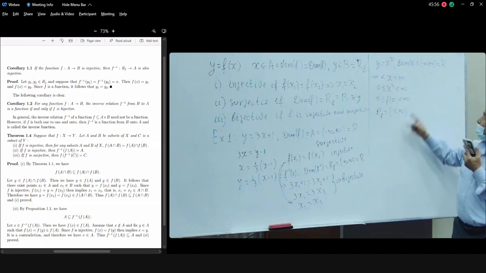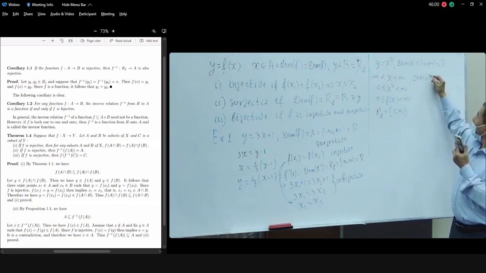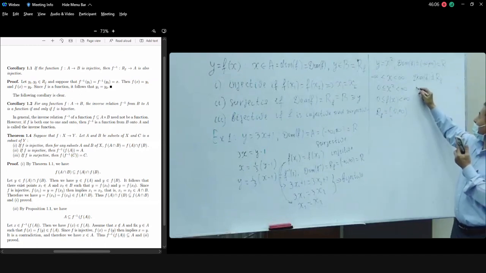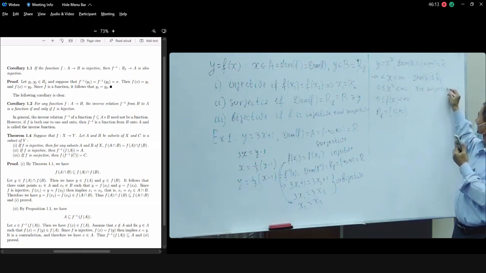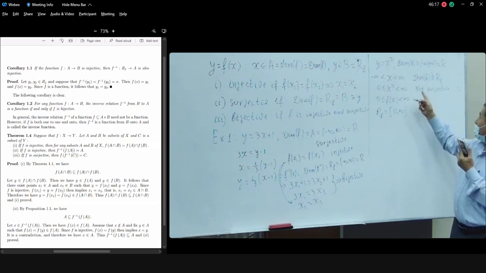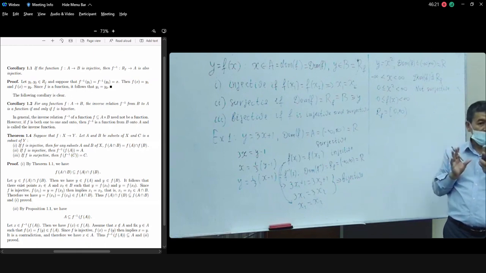So from here we can see the domain of f is not equal to the range of f, so not surjective. So this function is not surjective. Now what about injectivity?